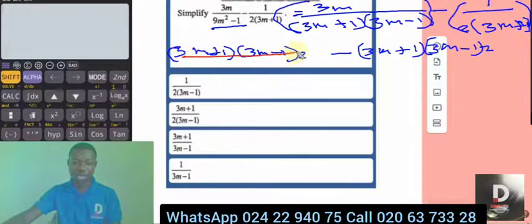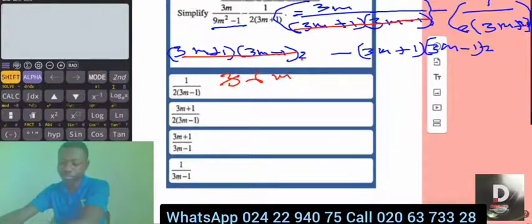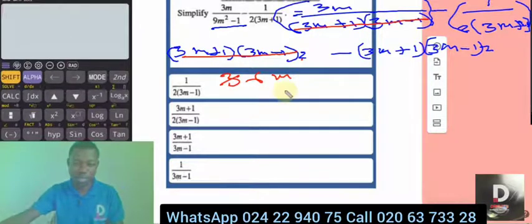This one cancels that over here, remaining 2. Then I'll multiply 2 by 3m. So I get what? 2 times 3m will give me what? 6m, right? It will give me 6m. Alright, 6m. Then I come to this side. 2 cancels 2. Then 3m plus 1 cancels 3m plus 1.